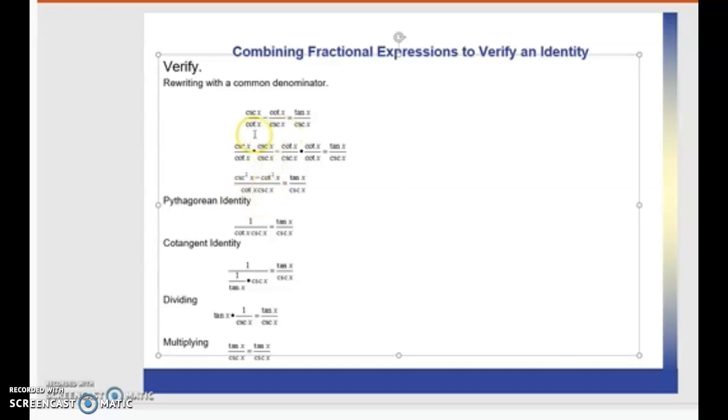The denominators on the left-hand side are cotangent x, cosecant x, so we put those together for our common denominator. Remember, whatever you multiply your denominator by to get the common denominator, your numerator must be multiplied by the same amount. After doing that, the procedure is just a repeat of things that we have performed throughout this PowerPoint video.